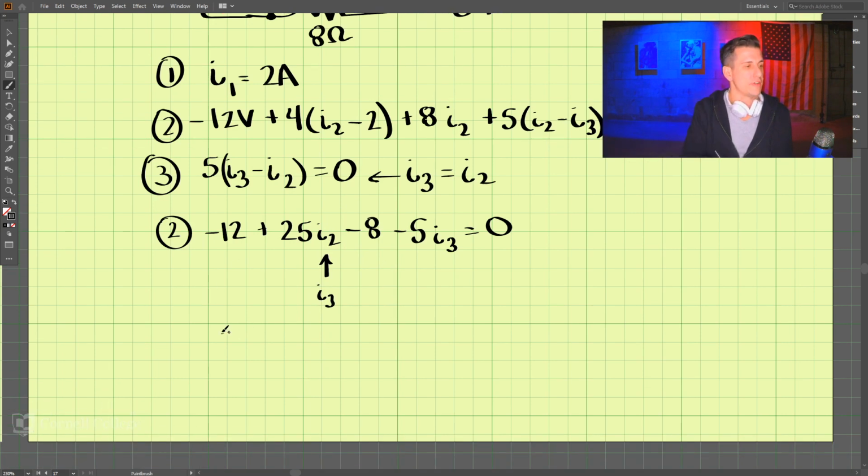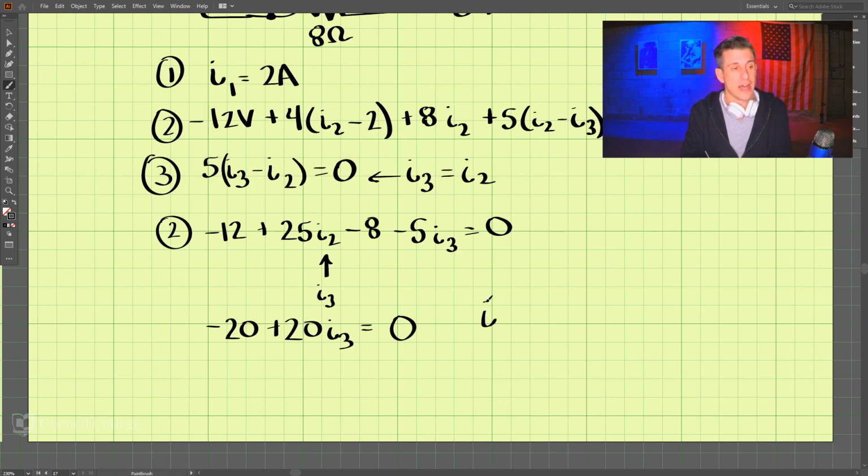And what we have is negative 12 minus 8, so negative 20 plus 20 I3 equals 0.